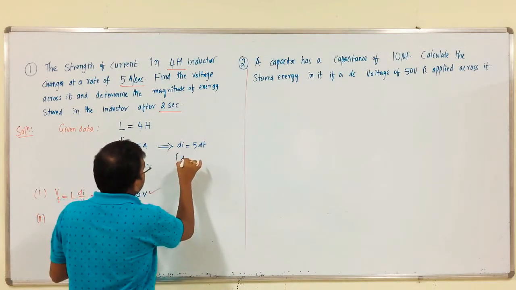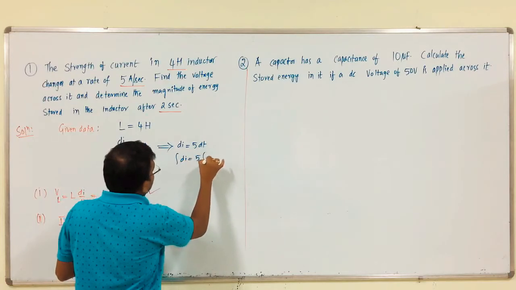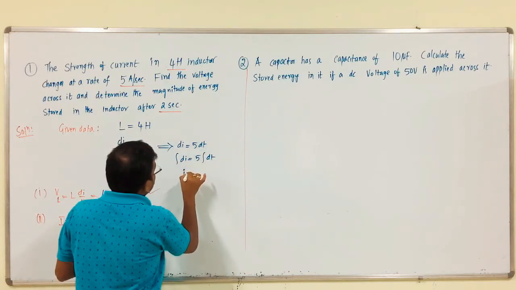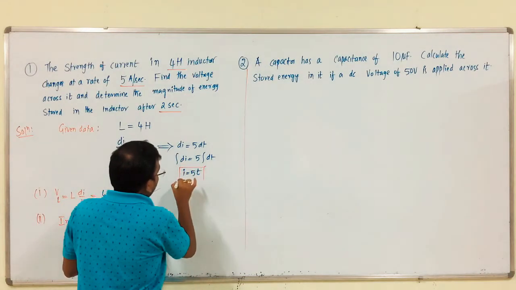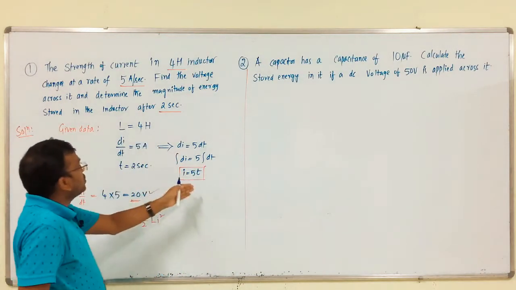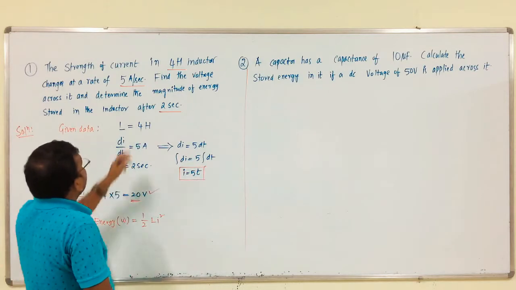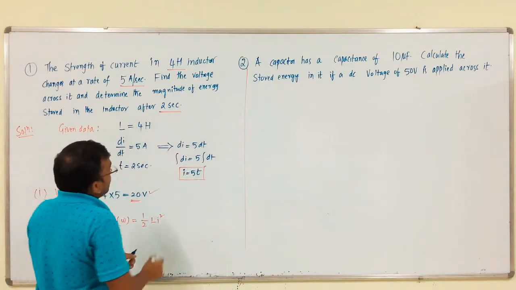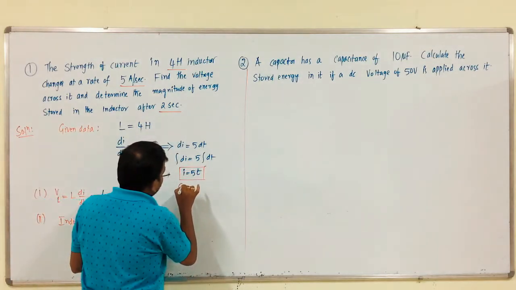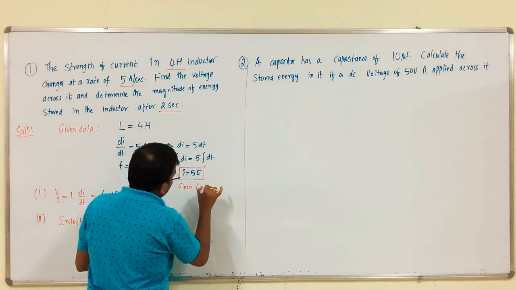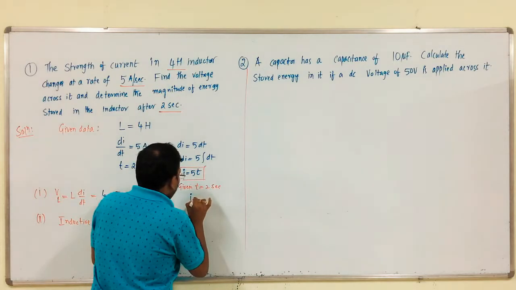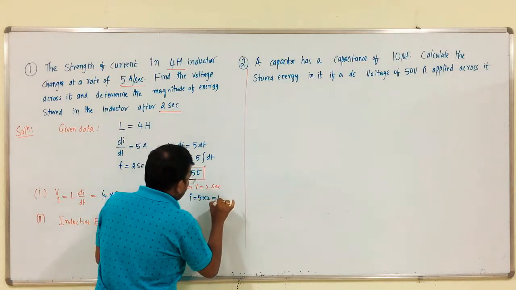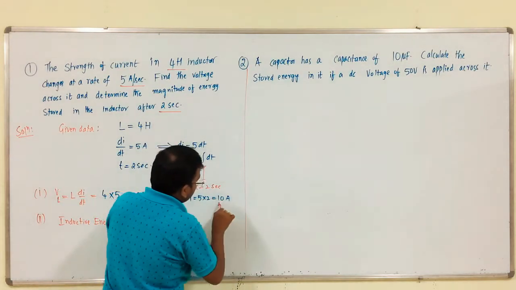So, if we integrate this, i is equal to 5 t. Given t is equal to 2 seconds, therefore, i is equal to 5 into 2, which is equal to 10 amps, right.